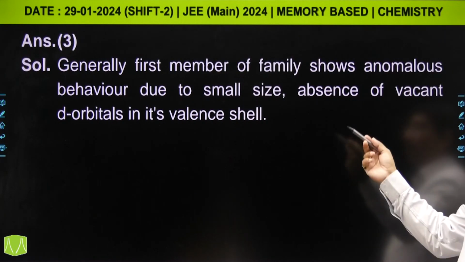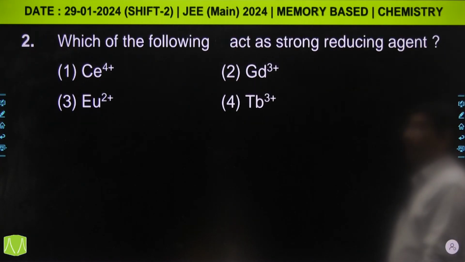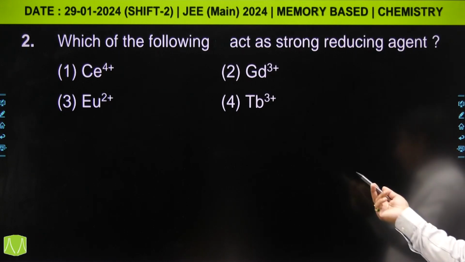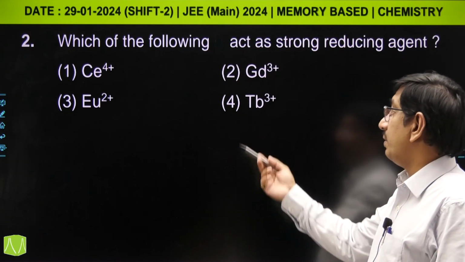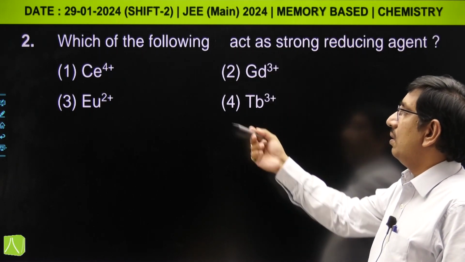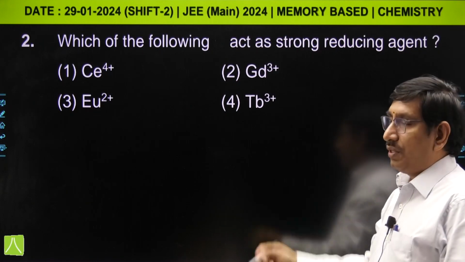Now, the second question, which of the following act as strong reducing agent? This is from f block elements. The given options are cerium 4 plus, Gd 3 plus, europium 2 plus, terbium 3 plus.